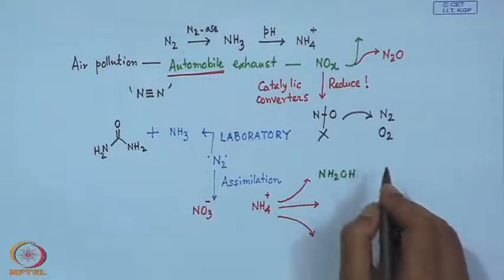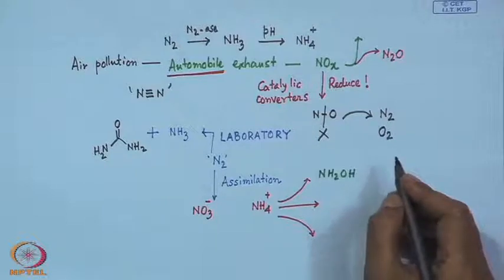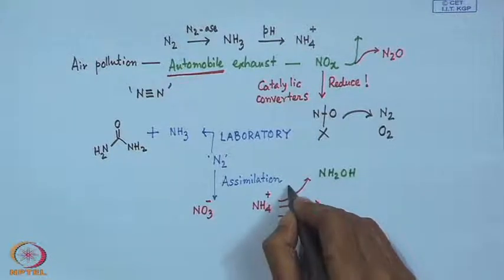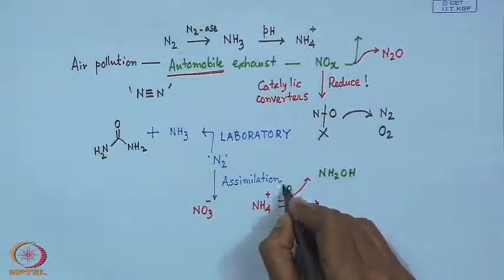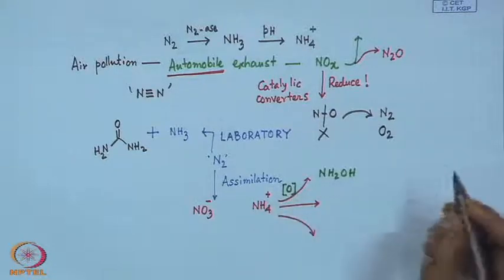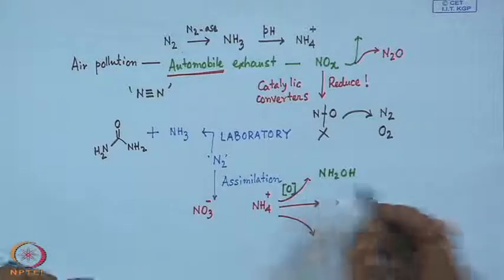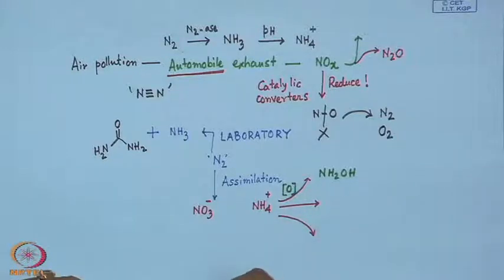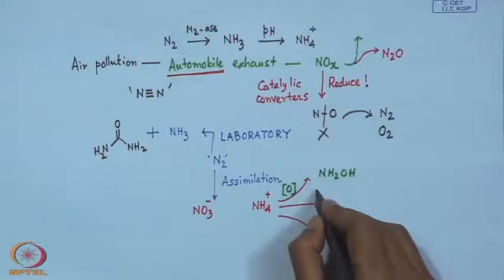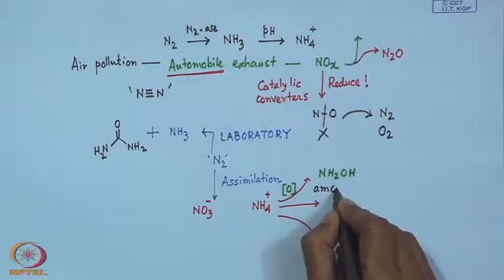So, hydroxylamine can also be formed from the ammonium ion. This particular reaction is controlled by some enzymes, and it is basically an oxidation reaction, controlled by ammonium monooxygenase, AMO.